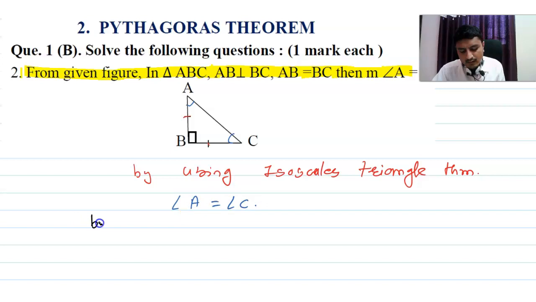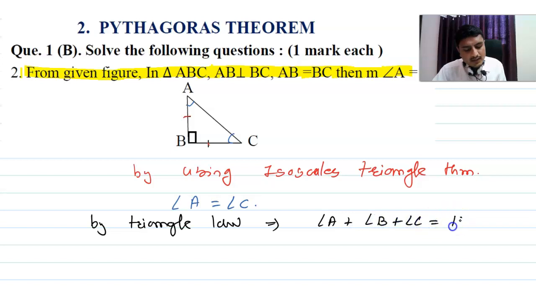Now by using the triangle law, the sum of all angles of a triangle equals 180 degree. That means angle A plus angle B plus angle C equals 180 degree. We have to evaluate angle A, so keep angle A as it is.